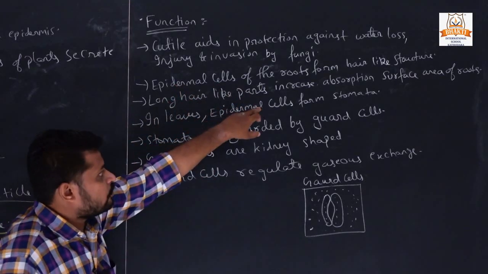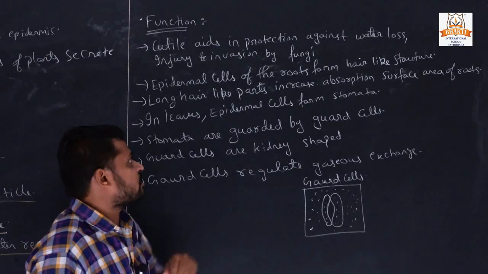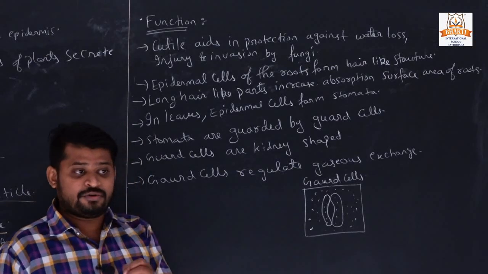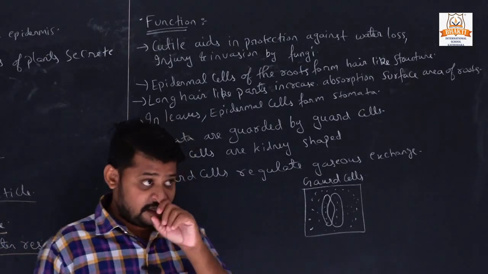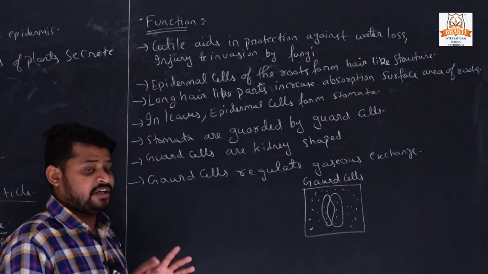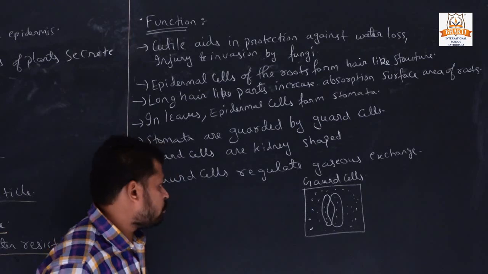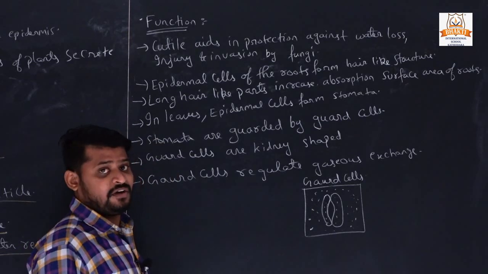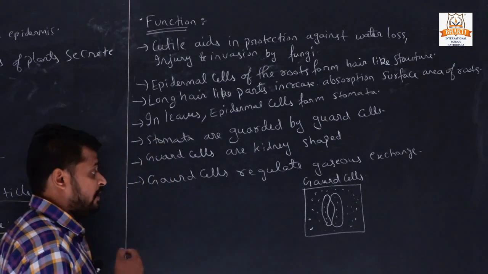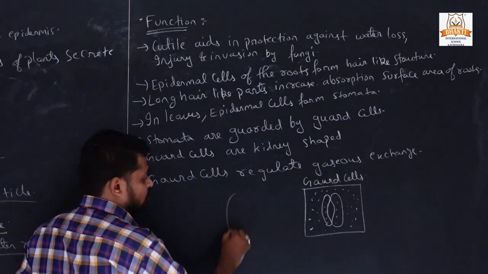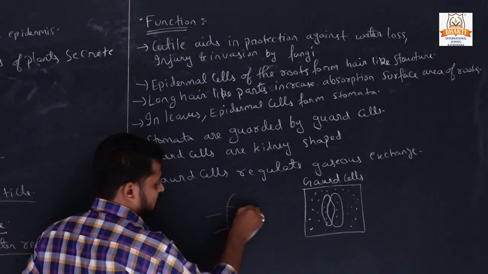Epidermal cells of the roots form hair-like structures. In dry places, the water found is very low. So to complete the water requirement, the roots have hair-like structures.